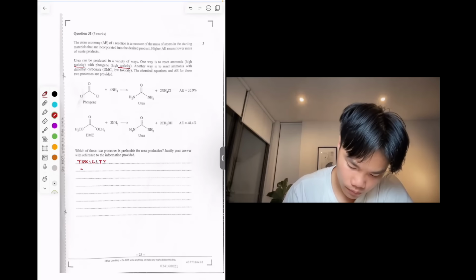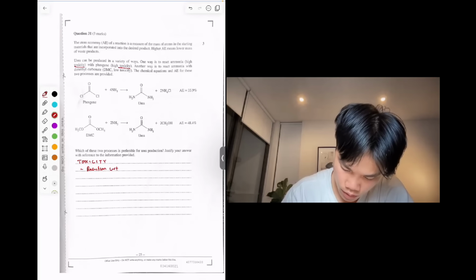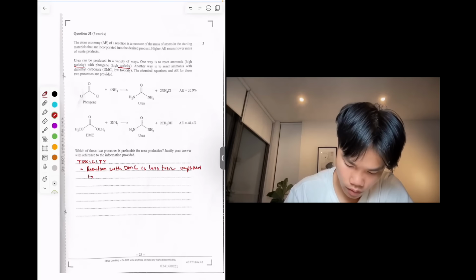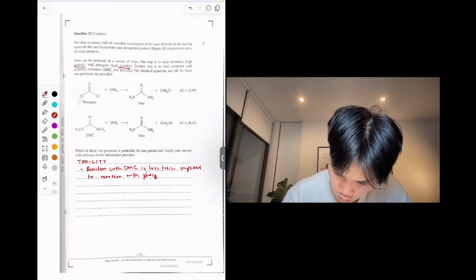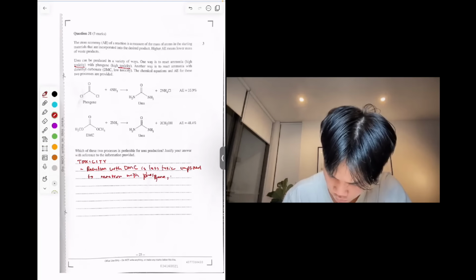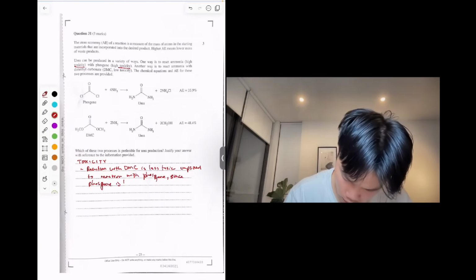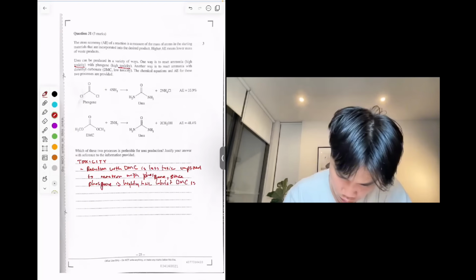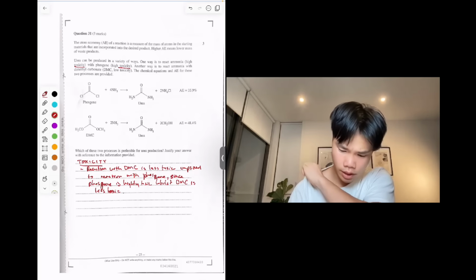And I would say that firstly, reaction with DMC is less toxic compared to reaction with phosgene, since phosgene is highly toxic, whilst DMC is less toxic. So toxicity first. I think that's pretty much enough.